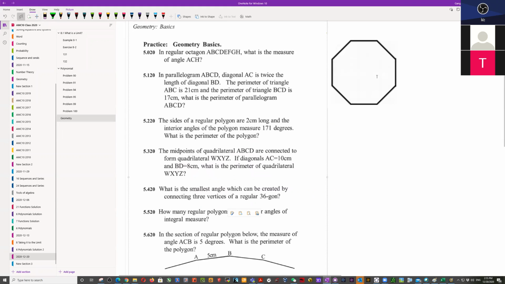So this problem is asking, let's label A, B, C, D, E, F, G, H. It's asking what is the angle ACH.